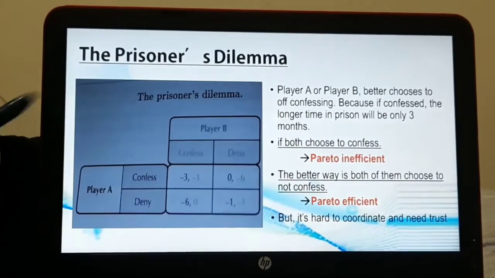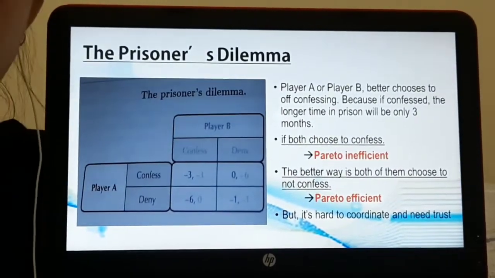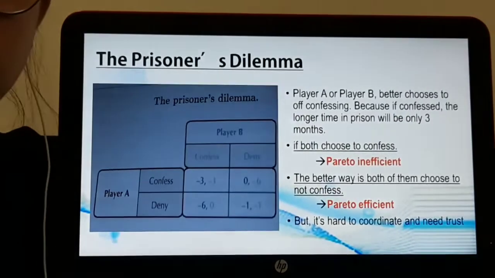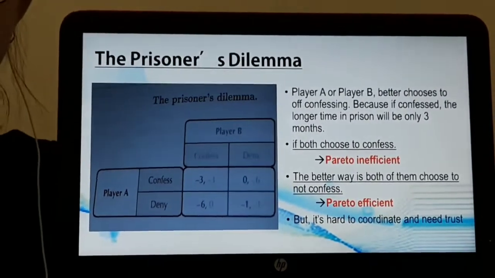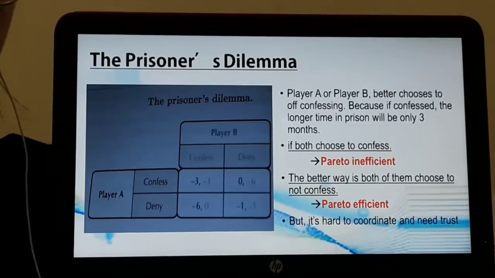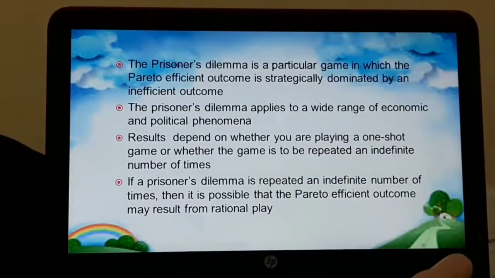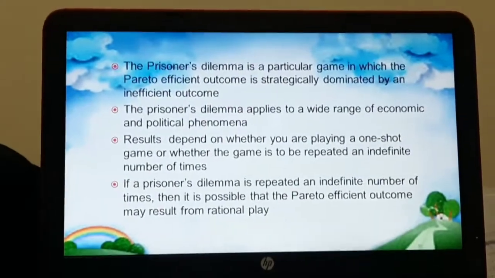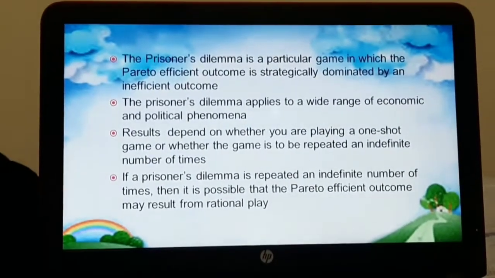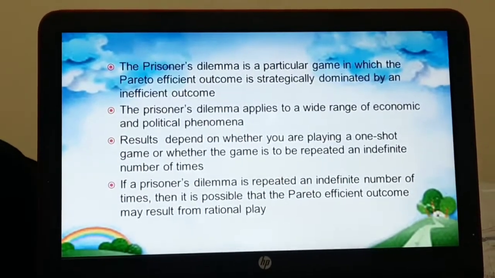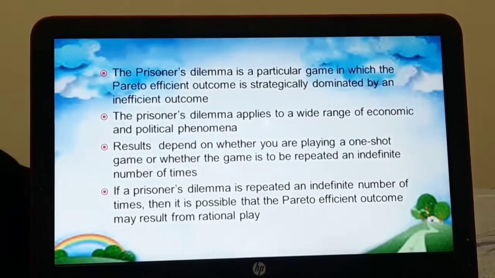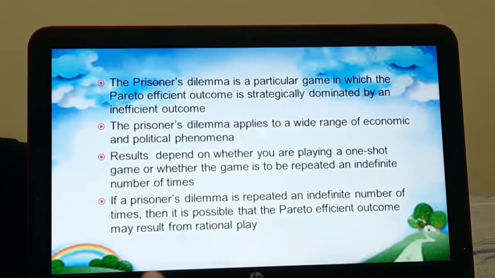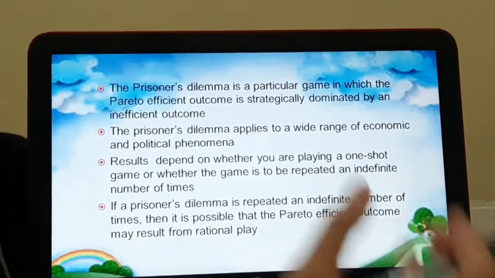But of course, the Pareto efficient outcome is really hard to reach, because they should cooperate first and also trust each other to prevent risks like that. So the prisoner's dilemma is a particular game in which the Pareto efficient outcome is strategically dominated by an inefficient outcome. The dilemma here is when the inefficient outcome dominates the efficient one.